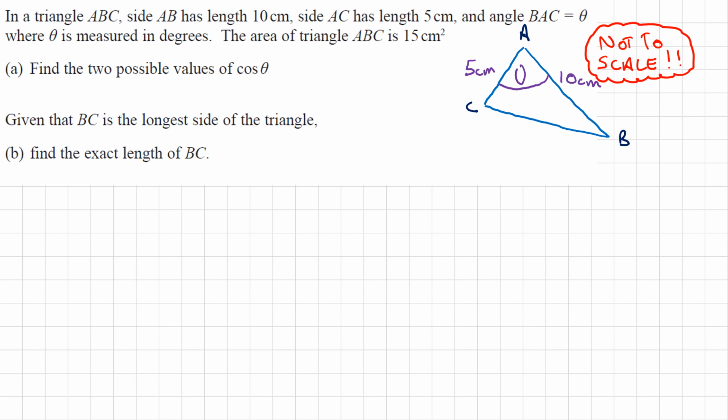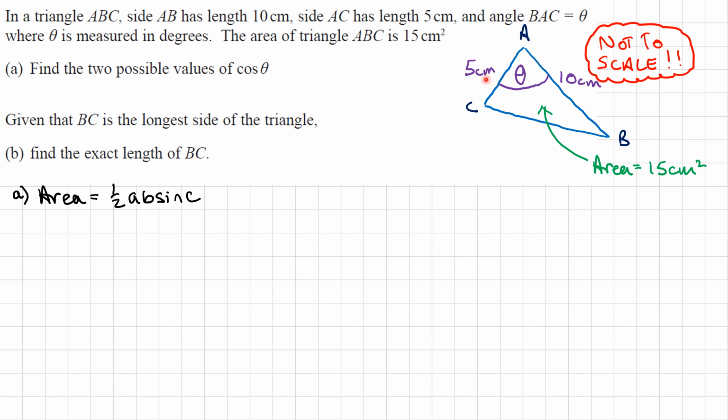So I can see that I've got two sides with the angle between them. I also have the area of this triangle, which I've been told is 15 centimeters squared. Whenever I've got two sides and an angle between them, I can use the area by doing half ab sine C, where a and b are two sides of the triangle, any two sides, but angle C is the angle that is between sides a and b.